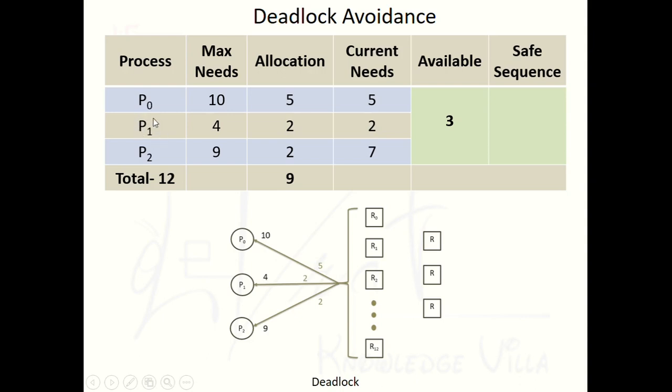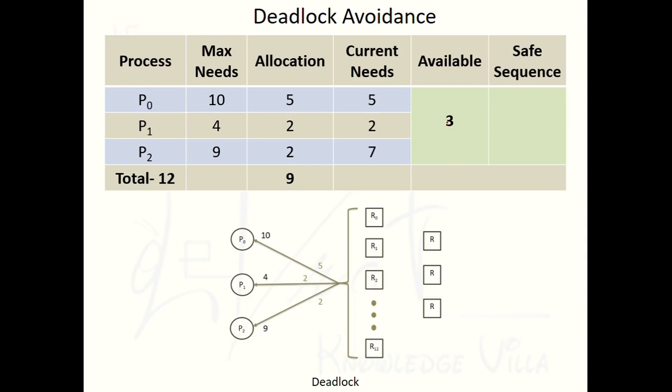For process P2, maximum need is 9 and allocation is 2, so 9 minus 2, 7 resources are still required. Right now we have 3 resources available in our hand. So let's start allocating.